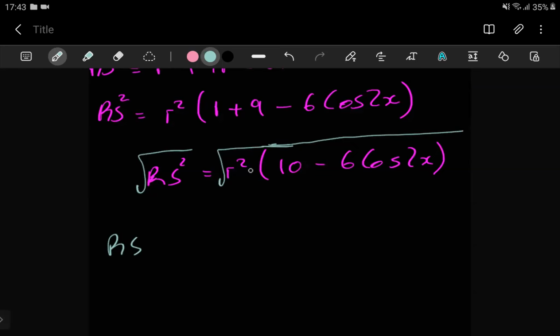So the square root of, remember, these are being multiplied together, this big bracket and the r squared. The square root goes for the r squared, which is going to give you r. And then the square root goes for this, which is going to be the square root of 10 minus 6 cos 2x, like that.